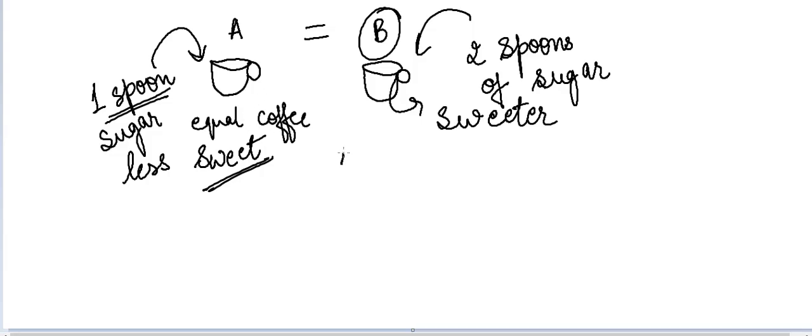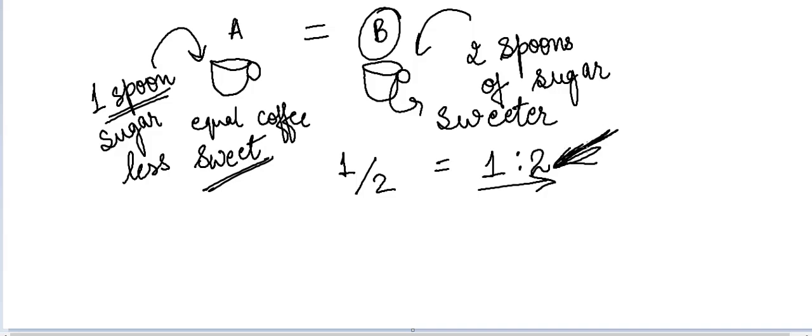The ratio of sugar is 1 divided by 2. That is, here I am adding 1 spoon of sugar, and here I am adding 2 spoons of sugar. So here I can easily say that B is 2 times sweeter than A.